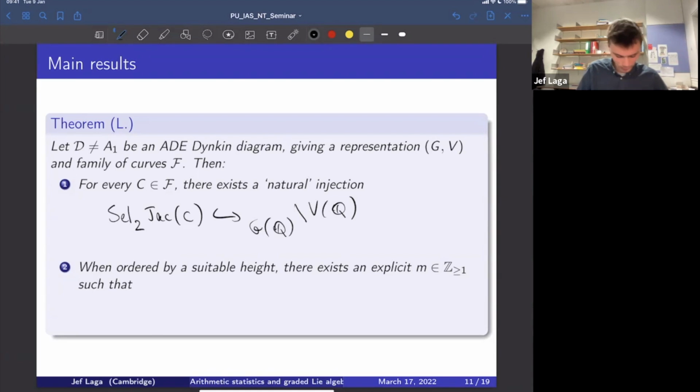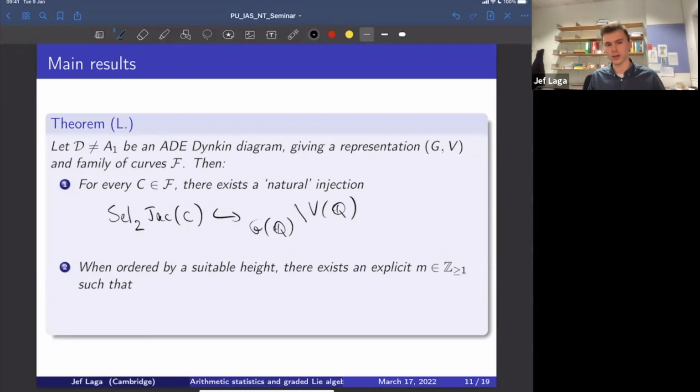Natural here means that it has several good properties. It's compatible with base change if you consider other fields and so on. Another good property is that there exist integral representatives away from small primes. And the properties are good and robust enough so that we can obtain the second part of the theorem.